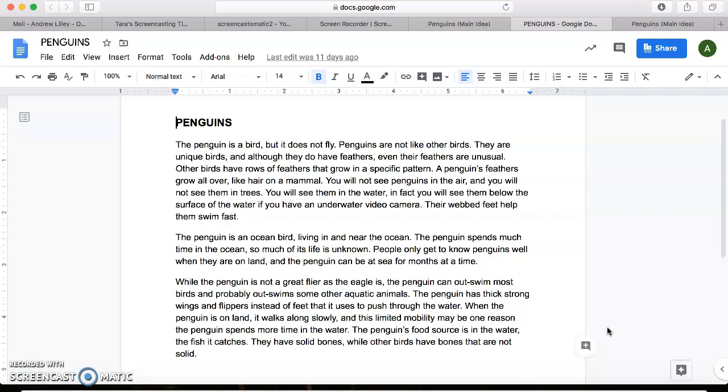When the penguin is on land, it walks along slowly, and this limited mobility may be one reason the penguin spends most of its time in the water. The penguin's food source is in the water, the fish it catches. They have solid bones, while other birds have bones that are not solid.